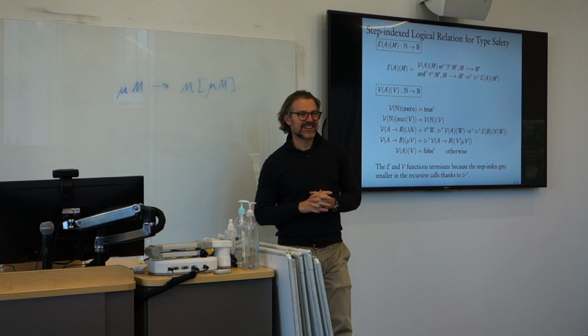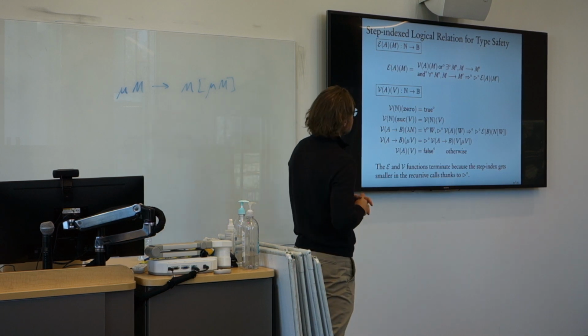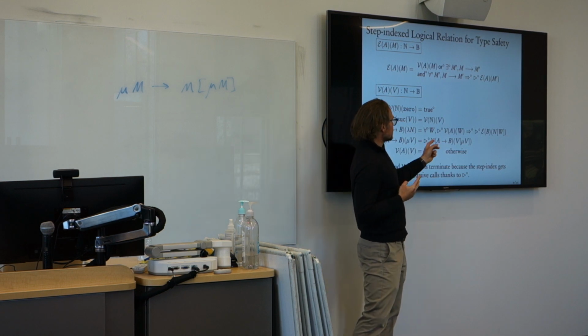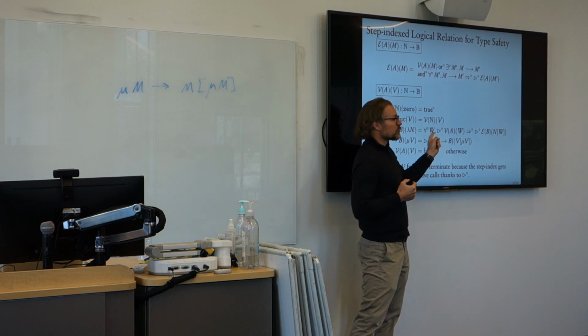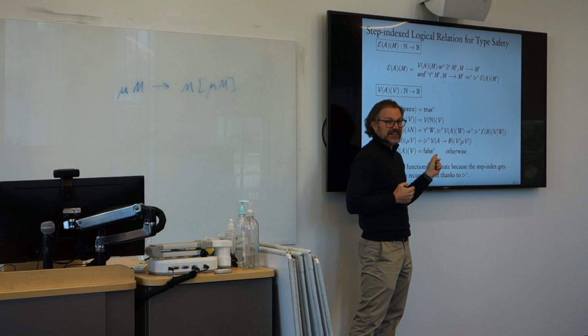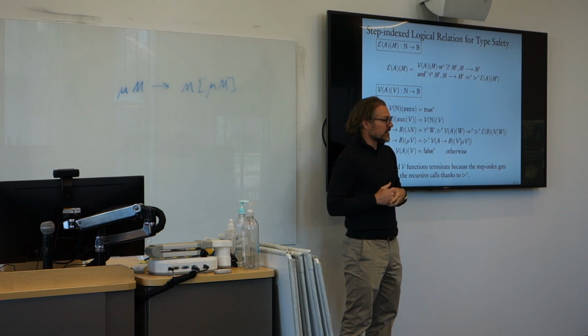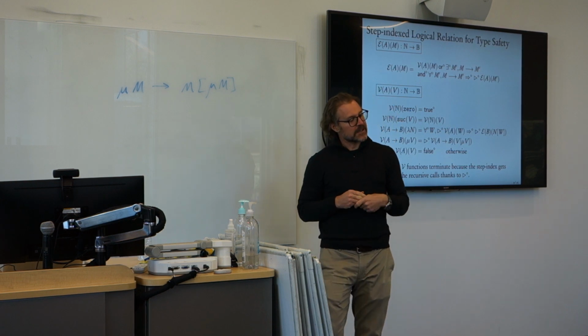Why doesn't it work to just type this in? So it's basically two things. One is that it's really strong induction that's going on here because of how I'm defining the triangle. It's technical.